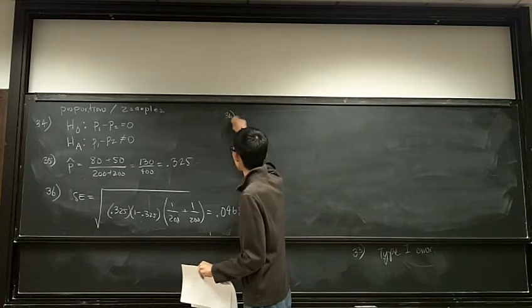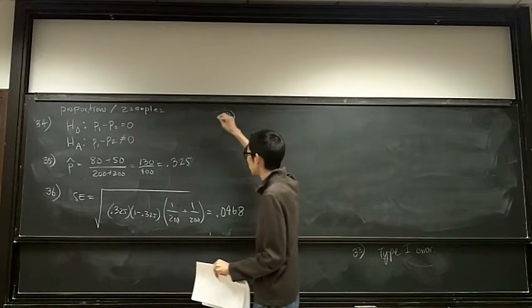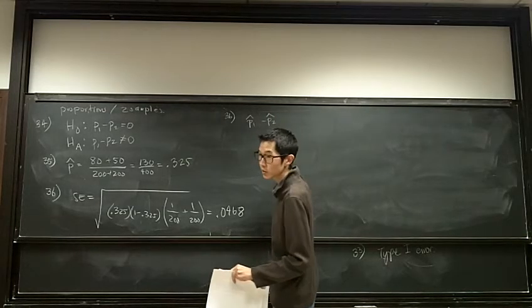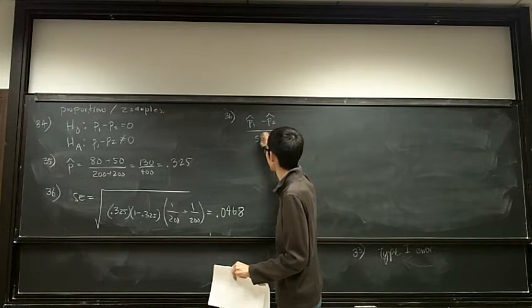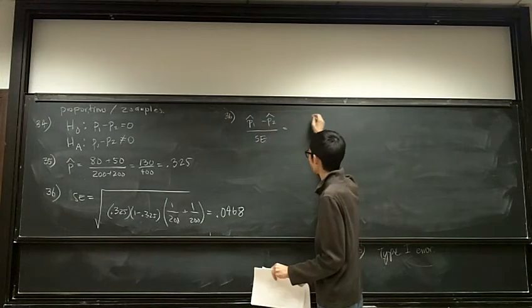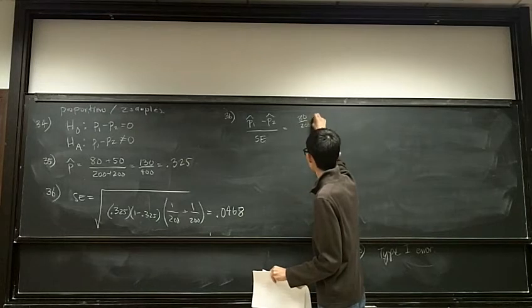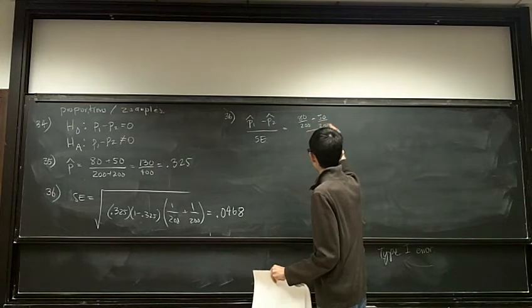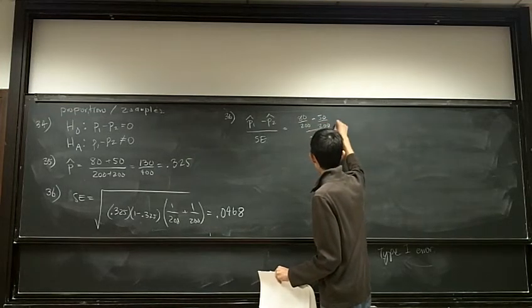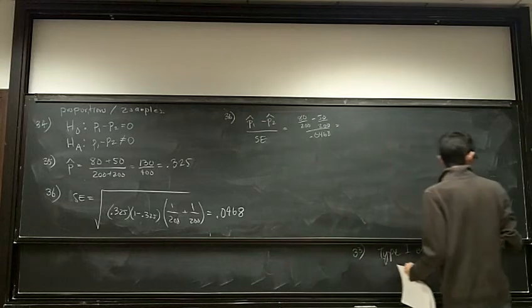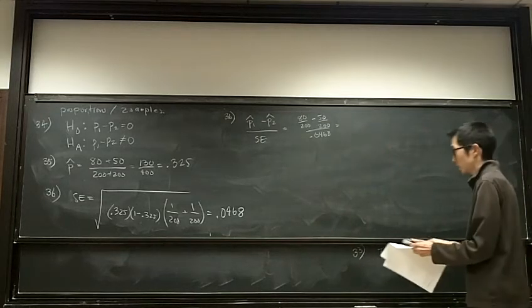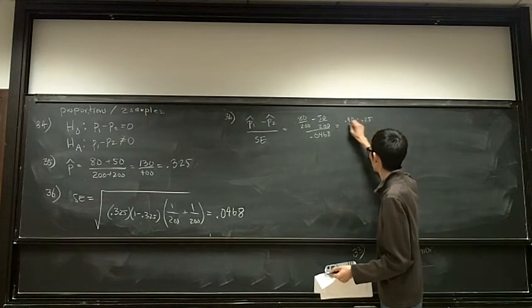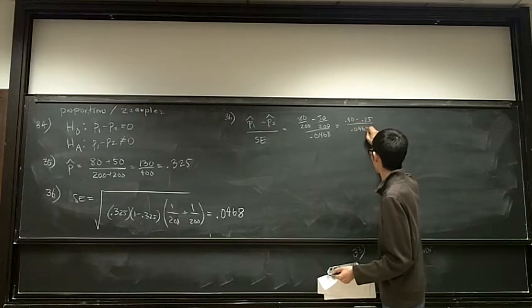So 36 continued. For the test statistic we have to figure out the difference in proportions. So I do P1 hat minus P2 hat over the standard error. In this case, 80 over 200 minus 50 over 200, divided by 0.0468. 80 over 200 is 40%, minus 25%, over 0.0468.